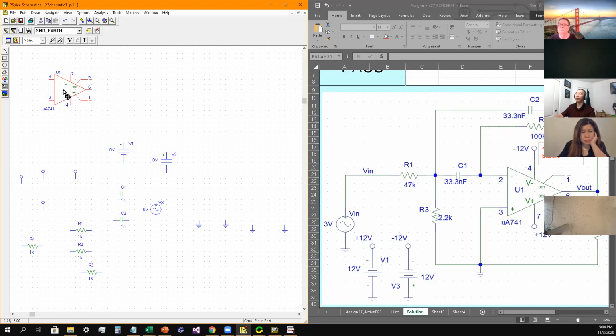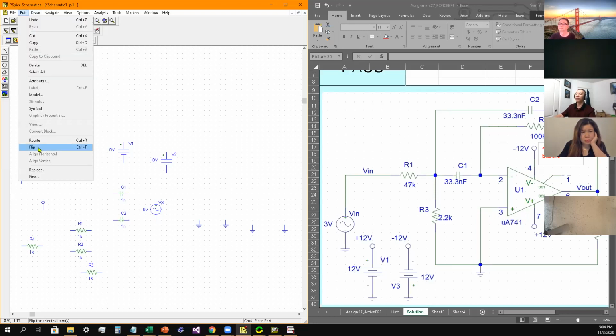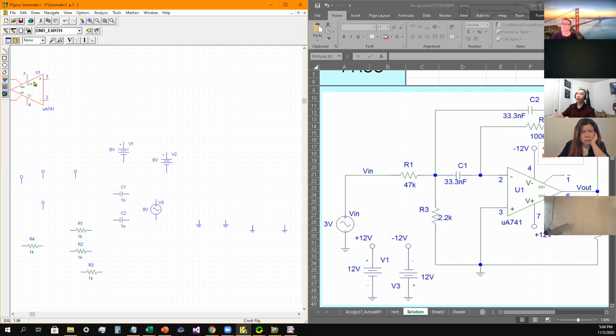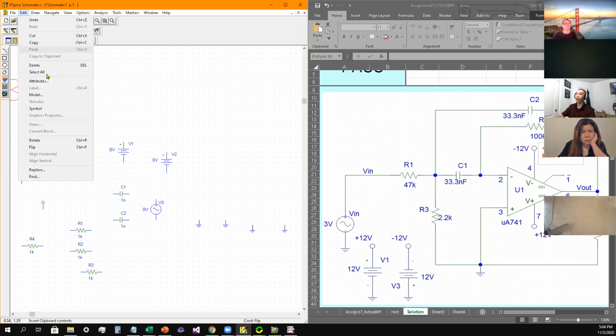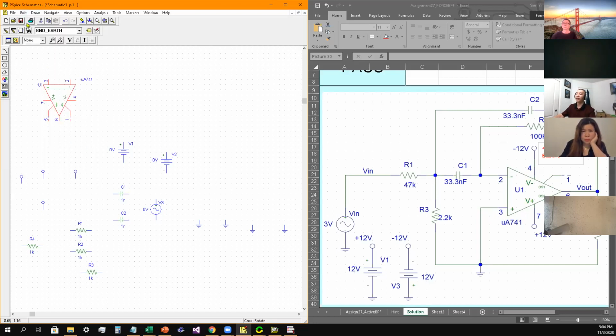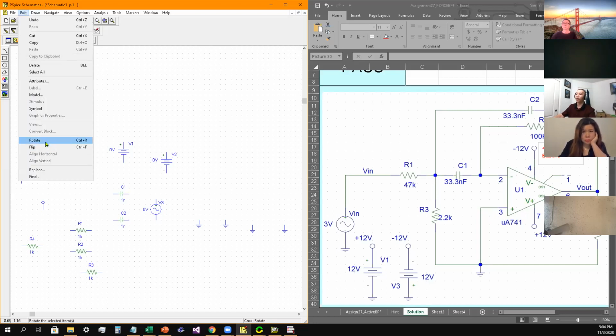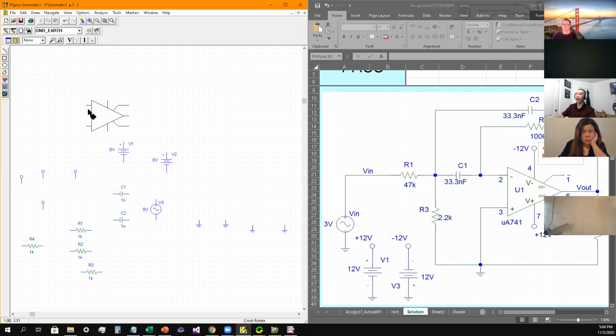Highlight it, go to Edit, and choose flip. Now we don't have it in that form yet, so we do a couple more rotations. Rotate one more time, and there it is. Now we have exactly that symbol: pin 2 is on top, pin 3 is on the bottom.